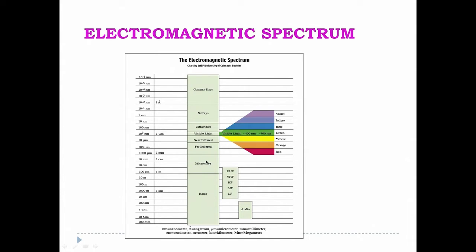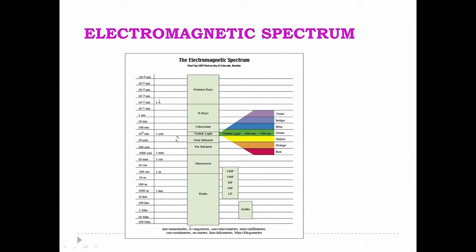Ovens based on microwaves are available, and then radio waves, of course you would be familiar, because that is where you hear a lot of music and other things. They range from 100 centimeters to 100 megameters.